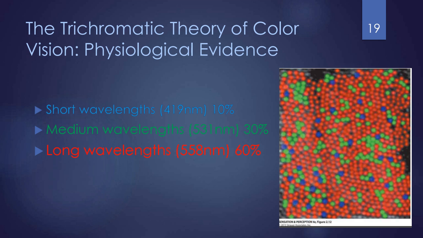So we have many more cones that respond to long wavelengths of light, the reddish variety. We have about half as many that respond to medium wavelengths, about 30%, the greenish variety. And we really have only a few that respond to shorter wavelengths, the bluish variety.